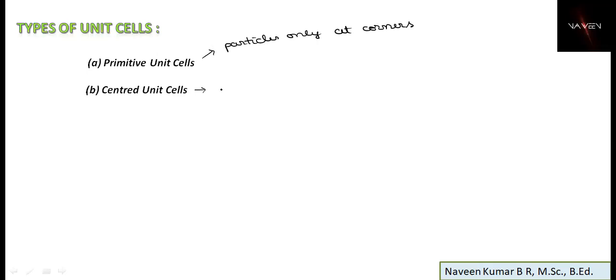Centered unit cells are those which, in addition to the corner particles, have particles seen additionally.